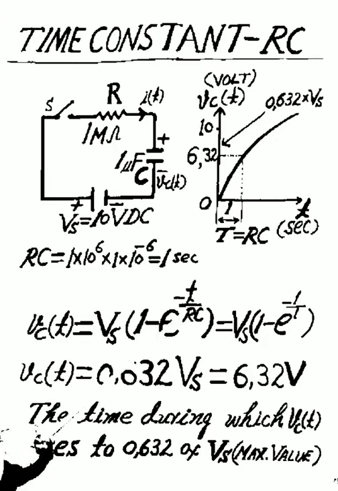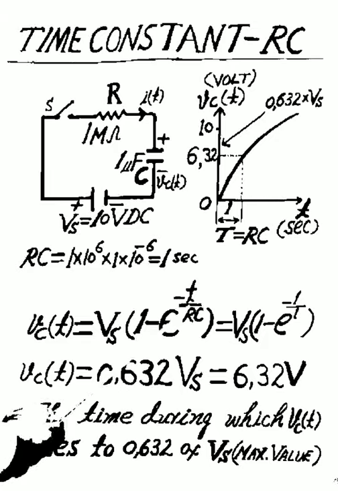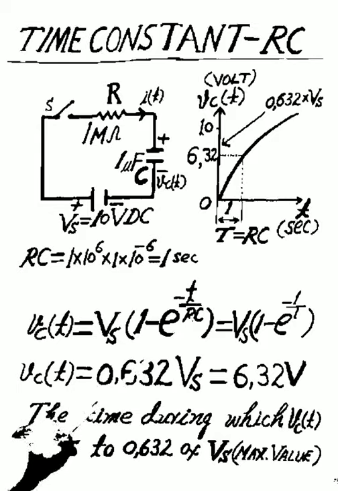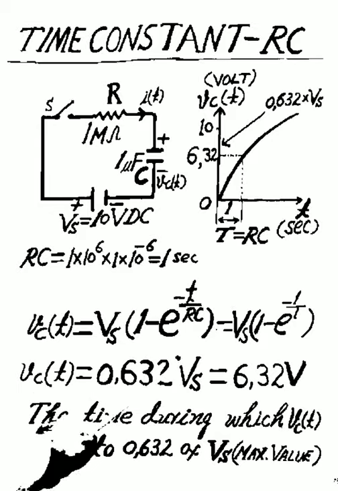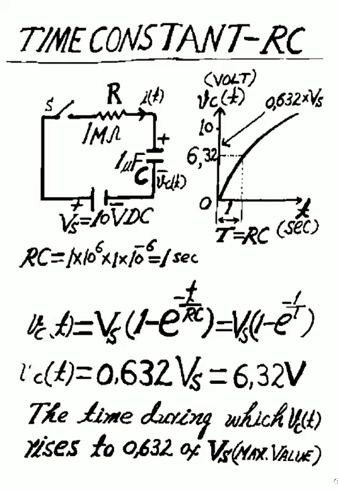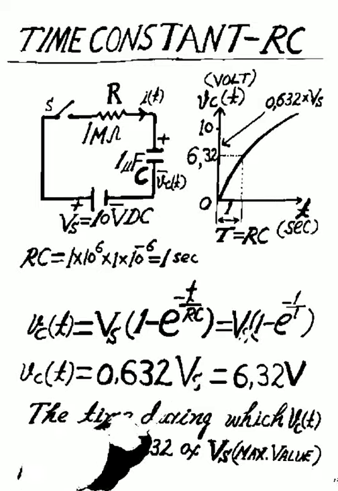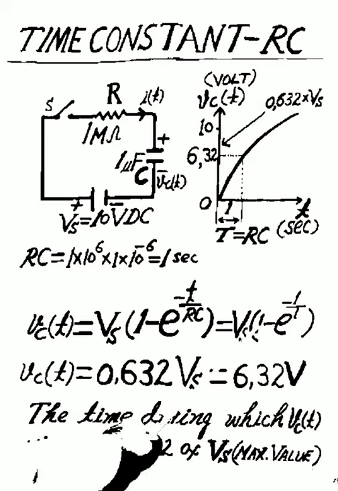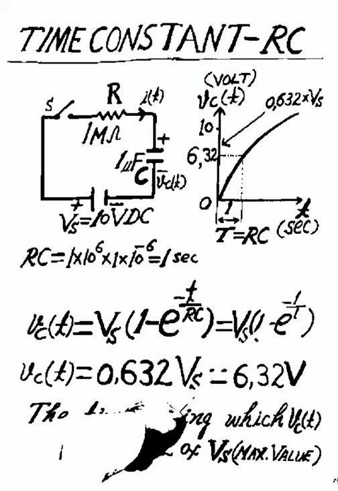After solving this equation, when you put t equal to RC, then VC(t) equals Vs multiplied by the bracket 1 minus e to the power minus 1.